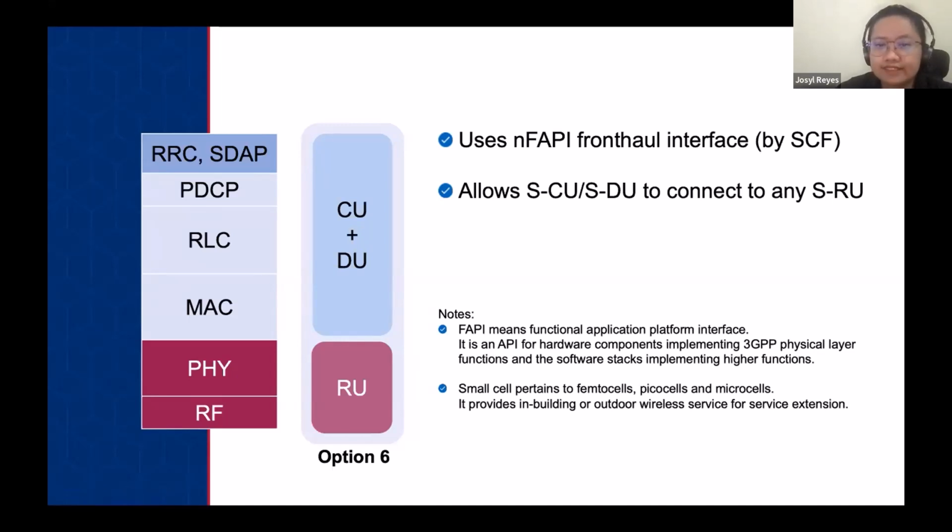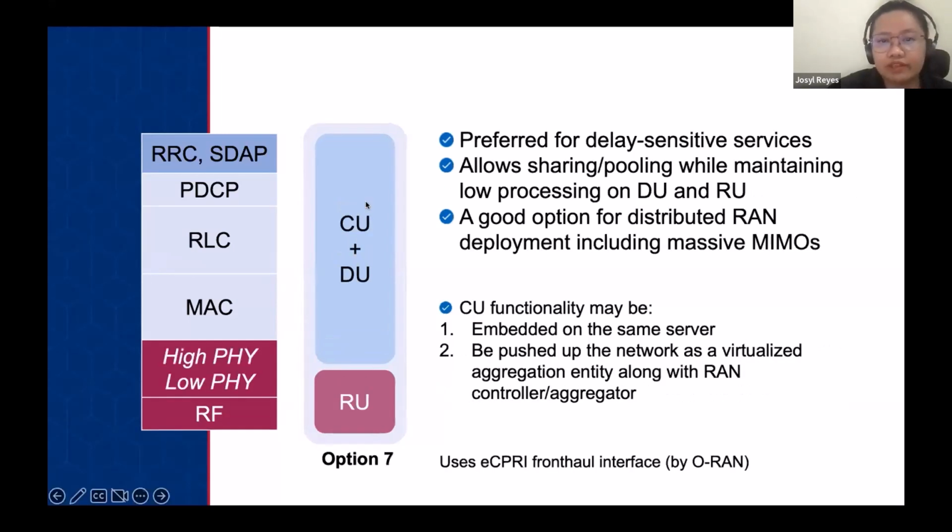So this nFAPI is defined by the Small Cell Forum, and this allows to connect the small cell radio unit to the SCU SDU. So if you see S, that means it's for a small cell RAN. So the femtocells, picocells, microcells, mostly for in-building and outdoor wireless service for service extensions. Option 7.